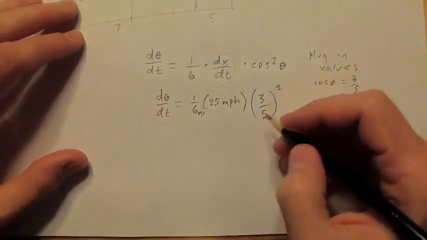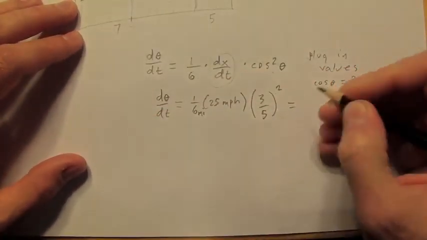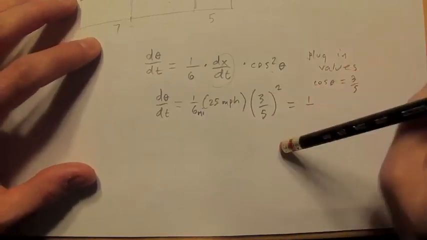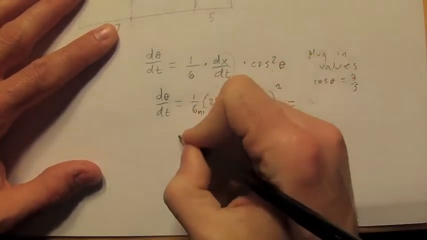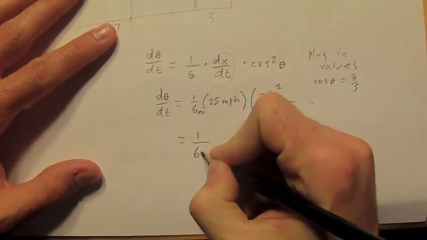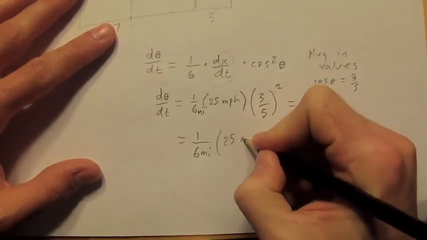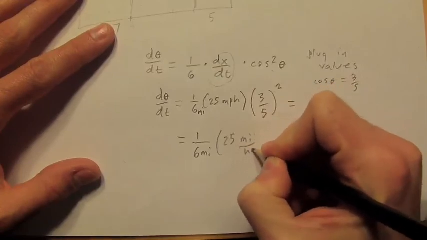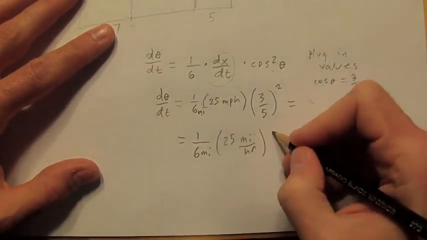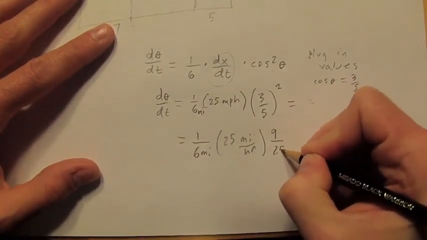Okay, so I end up getting, I'll do it down here, 1 over 6 miles times 25 miles per hour, times 9/25.